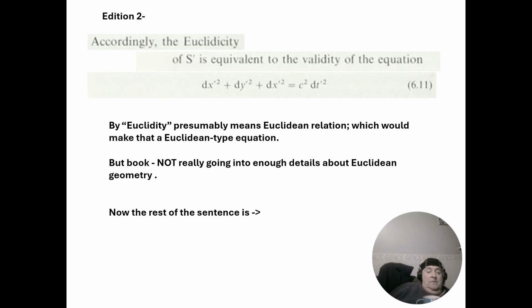But the book is not really going into enough details about Euclidean geometry, and that's one of the things these relativity books do, is they don't go into enough details about certain things. And it's making this confusing word Euclidity, whatever that's supposed to mean, doesn't really tell you, but just presuming it means Euclidean.